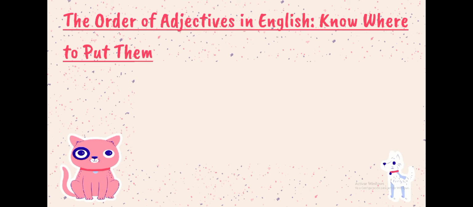In fact, in English, it is necessary to follow a very strict order in the case that we want to use several adjectives to describe a noun. This is a very marked difference between English and Spanish, because in our language we do not usually give importance to the order in which we say the adjectives.